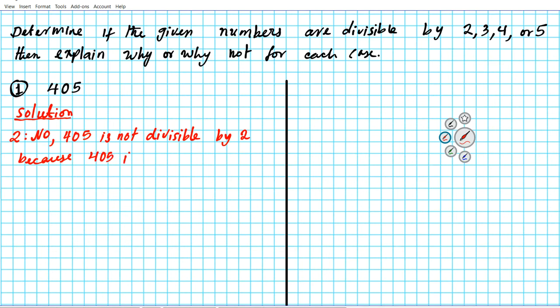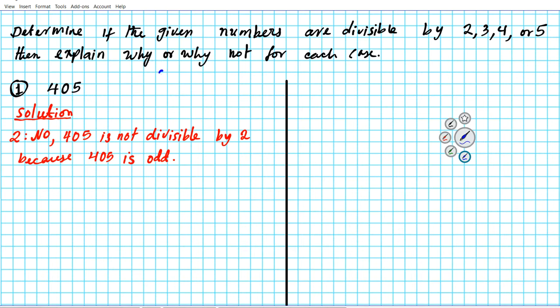So all counted numbers or positive integers are odd or even, right? If you count by 2s starting from 1, you have your odd numbers. So if a number is odd, then it is not divisible by 2.